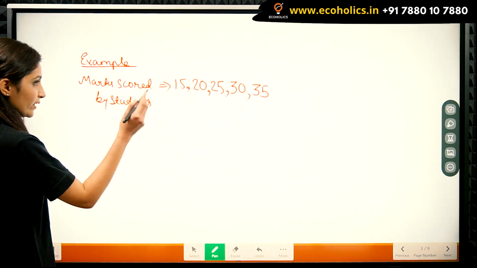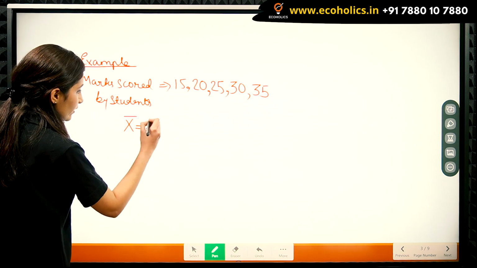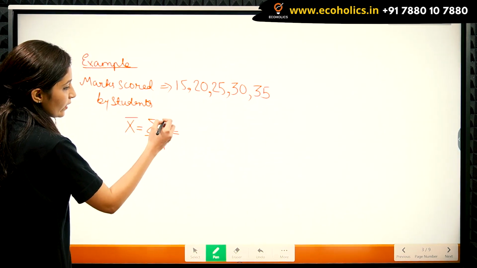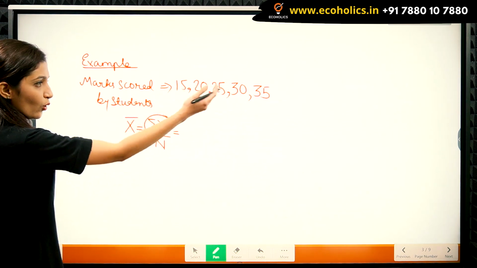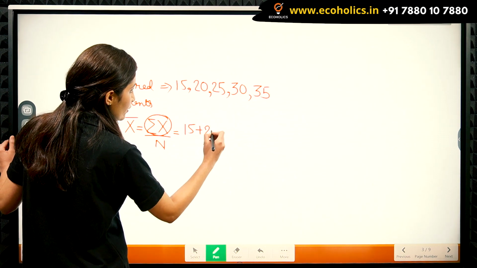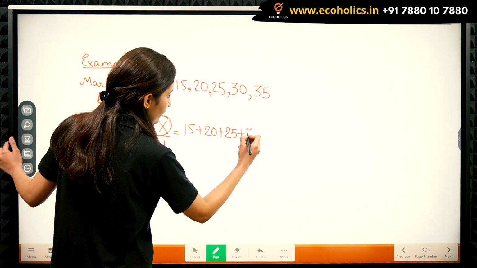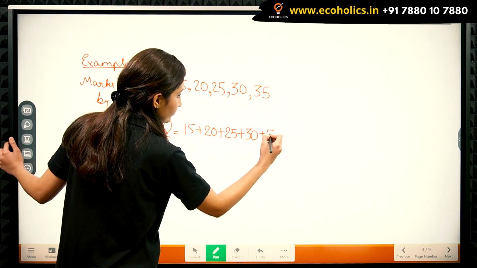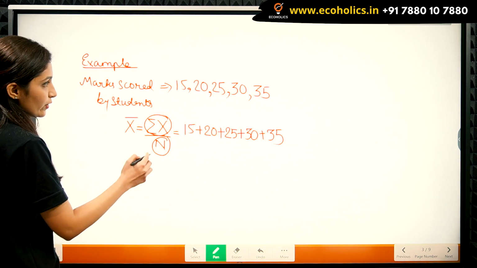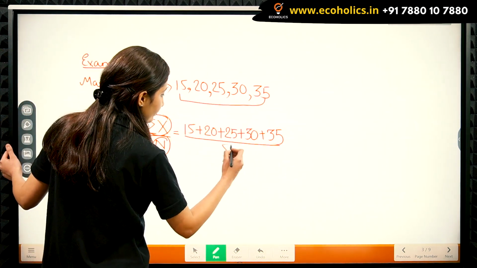Now for calculating arithmetic mean, we have the formula x bar is equal to summation x by n, where summation x stands for sum of all the observations. So we have 15 plus 20 plus 25 plus 30 plus 35, and n stands for number of observations. So we have the number of observations as 5.